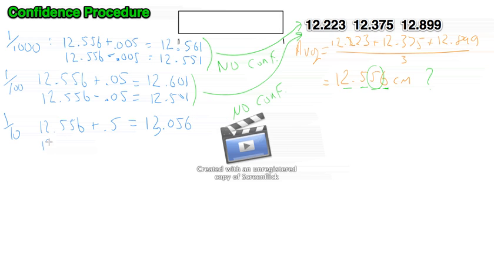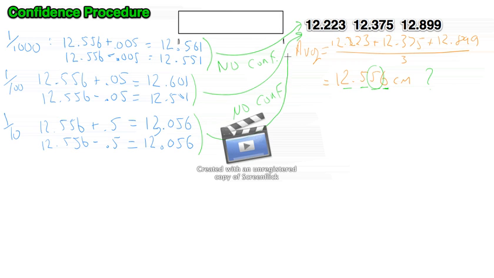And 12.556 minus 0.5, or 5 tenths, because we're in the 10th place, is going to be 12.056. Then once again, we go up and ask ourselves, are we confident that the next measurement would lie within that range?